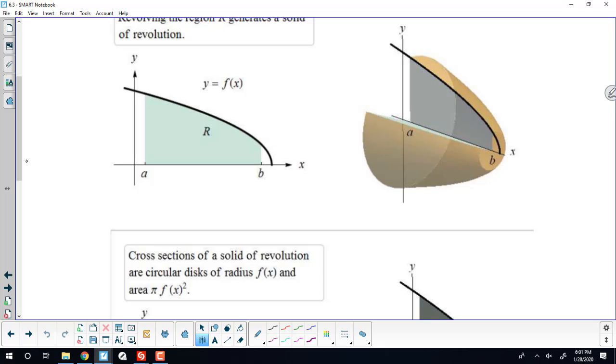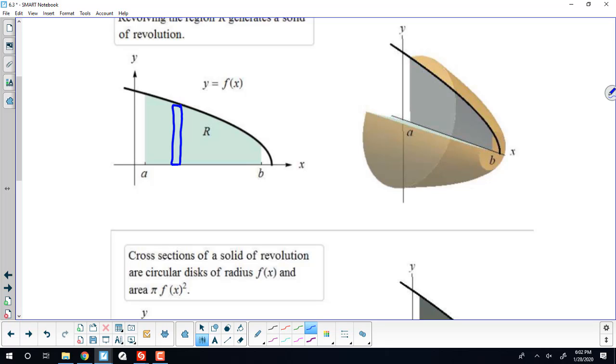But again, we're going to take this region, generated by taking R, capital R, and revolving it around the x-axis. If we have a cross section, or slice, or rectangle in here, and we're summing up infinitely many of those, what happens? What shape does the rectangle take when we revolve it around the x-axis? That way we'll only focus on that shape because we're concerned with that shape's area.